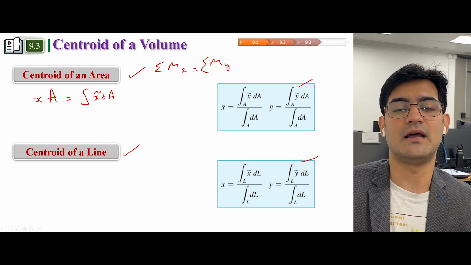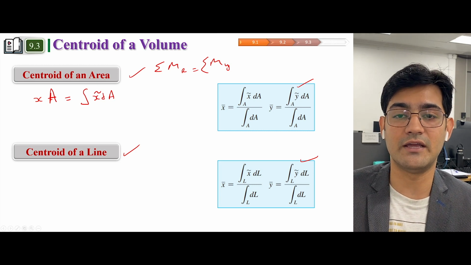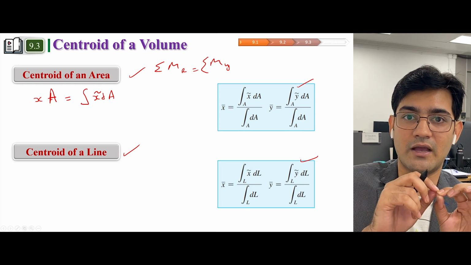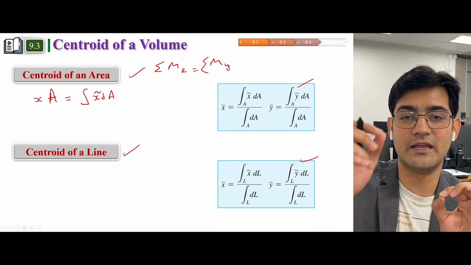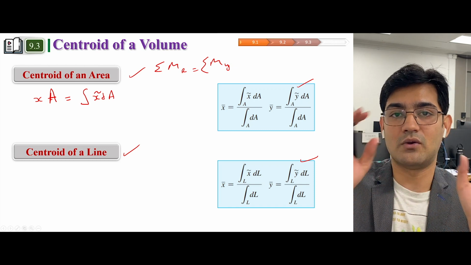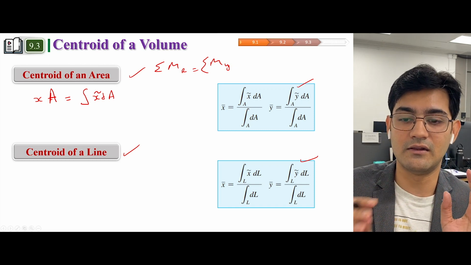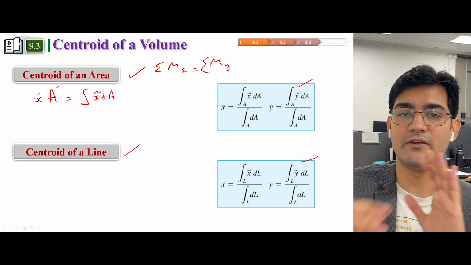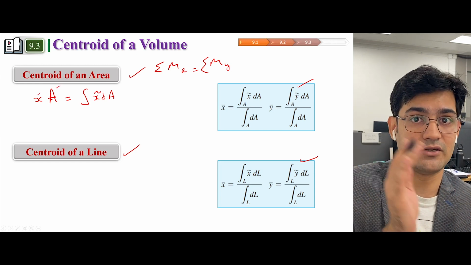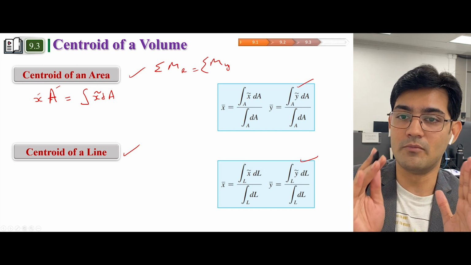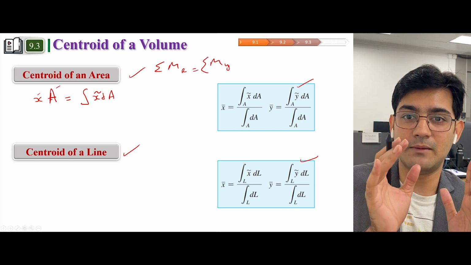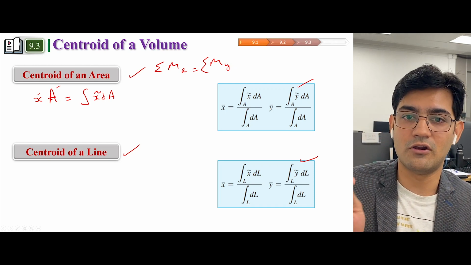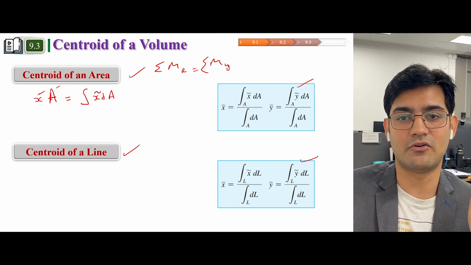So that's how you calculate the centroid of an area. You have all these small areas, and you have the centroid of all these small areas from a reference point. If you take an integral of all the small areas, you will get the total area. If you take a moment, that is multiplying the small areas with their small centroids, then you will get an overall area and an overall centroid.